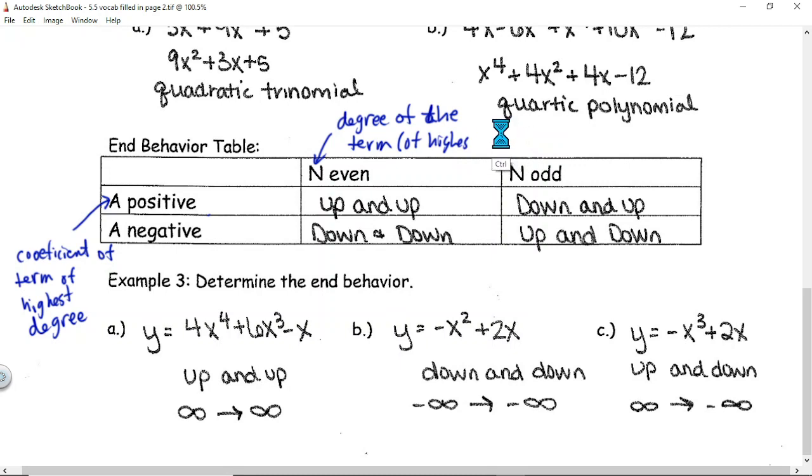I'm going to rewrite that. Degree of the polynomial. Oh, and I erased too much. It's okay, we can put it back. Degree of the polynomial.